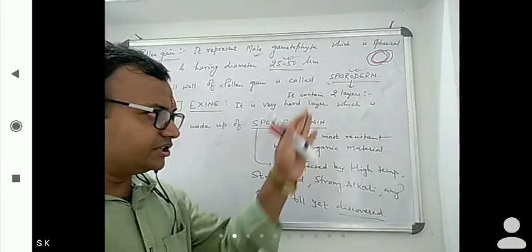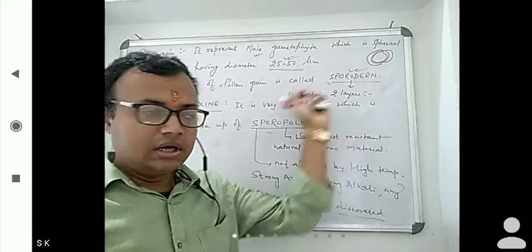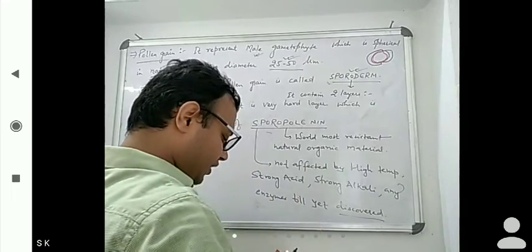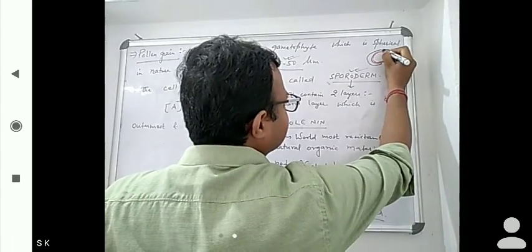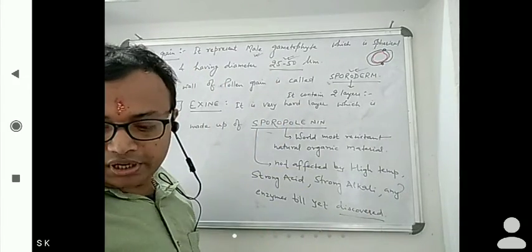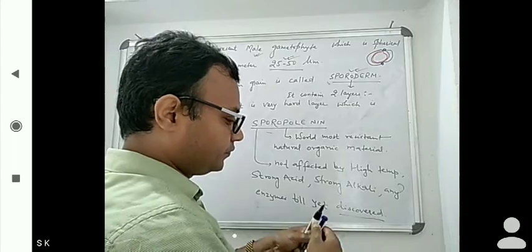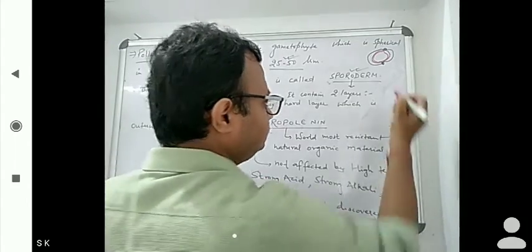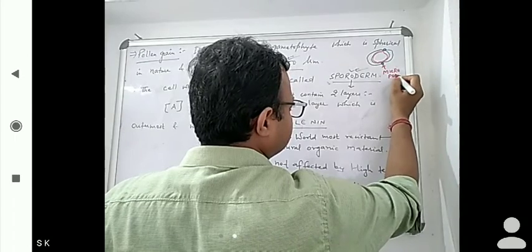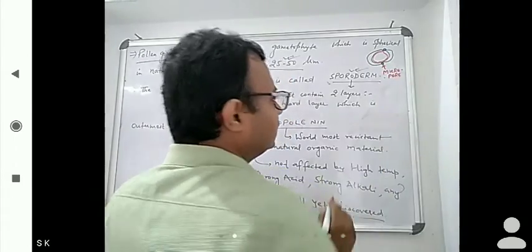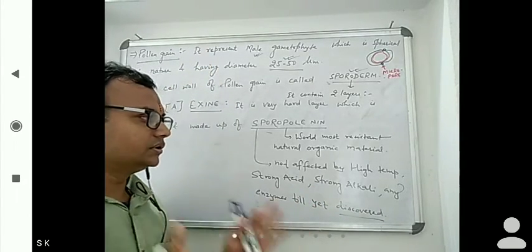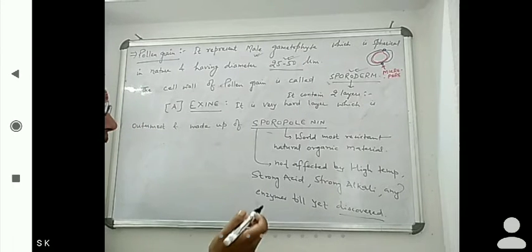Okay, now this enzyme is present outside. You also see that some portions are there where sporopollenin is absent. These portions are known as micropores, from where pollen grains are released.